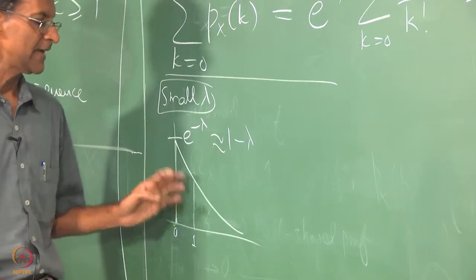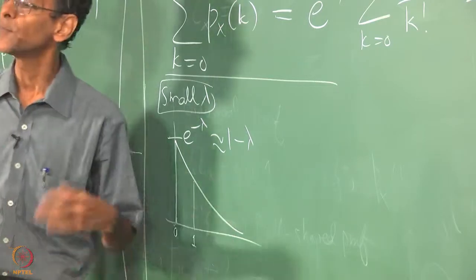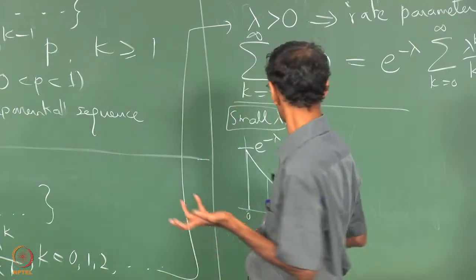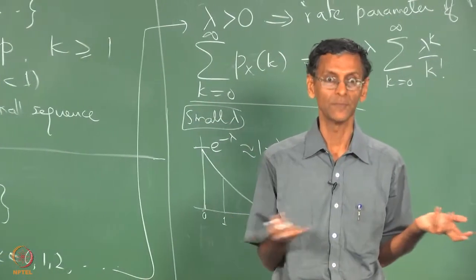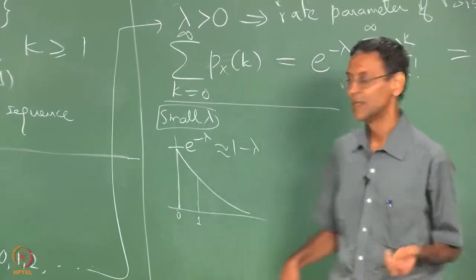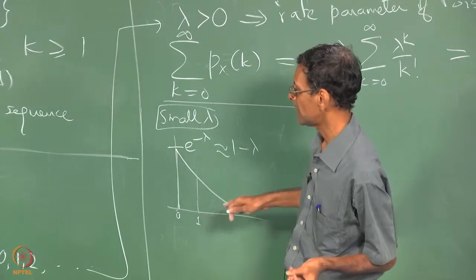There is no point in saying this is 0, 1, 2, 3, 4, 5. The PMF goes to 0 so fast that you don't even want to look at it for k greater than 2 or 3. It is very heavily concentrated around 0 and 1. As I said, the limit is just taking the two values, 0 and 1 itself.